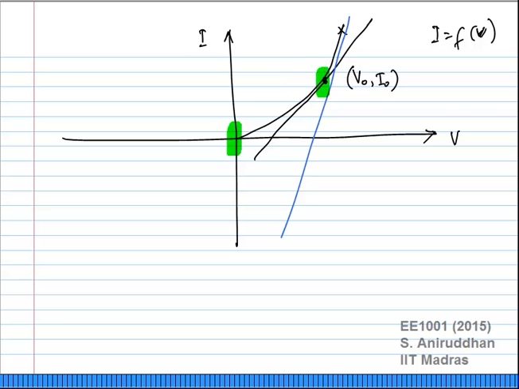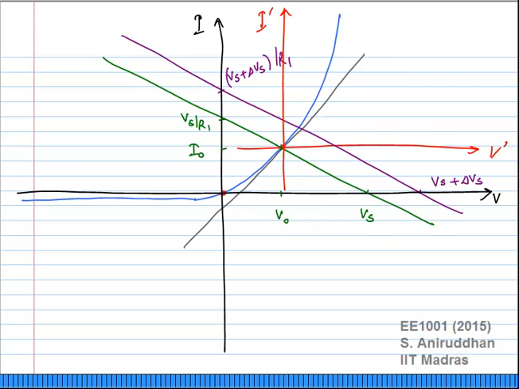And instead of calling it V prime I prime, I can actually call it delta V and delta I. The new axes are delta V and delta I axes.